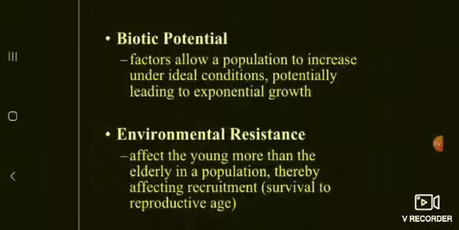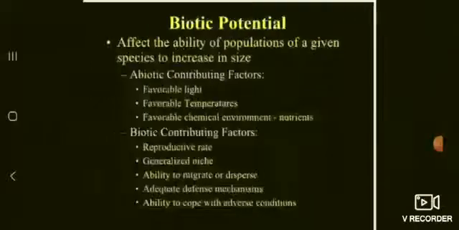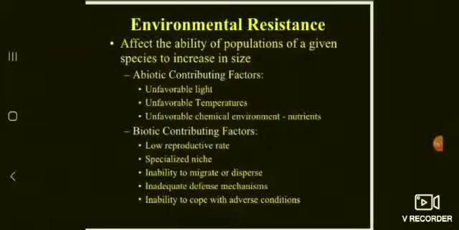It affects the young more than the elderly in the population, thereby affecting survival to reproductive age. Biotic potential affects the ability of a population of a given species to increase in size by the abiotic contributing factors as well as the biotic contributing factors. The environmental resistance also affects the ability of a population of a given species to increase in size by the abiotic contributing factors as well as biotic contributing factors.